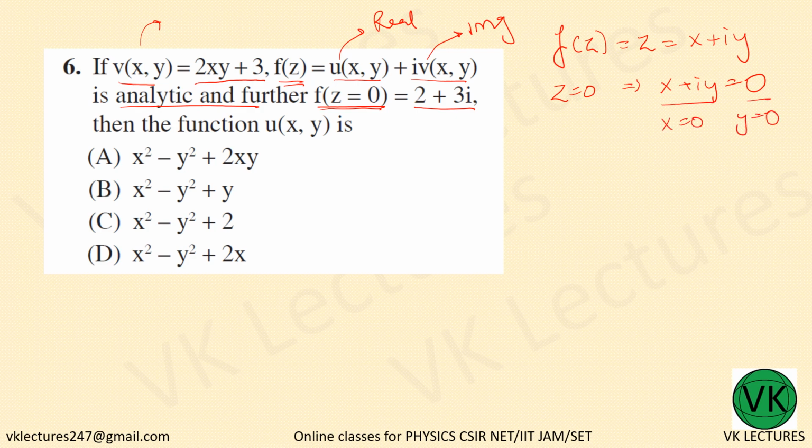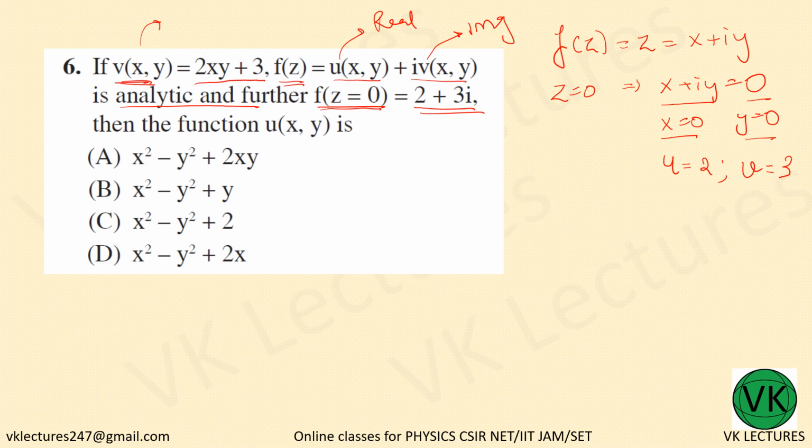Separately they must be equal to 0. Only then z will be equal to 0. So the condition given is f of z at x equal to 0 and y equal to 0 is nothing but 2 plus 3i. That means your u is equal to 2 and your v value at z equal to 0 is 3.